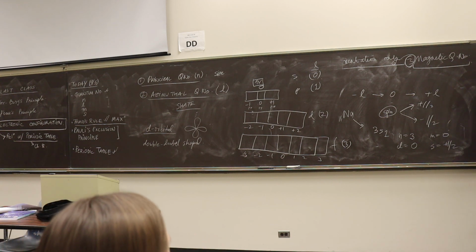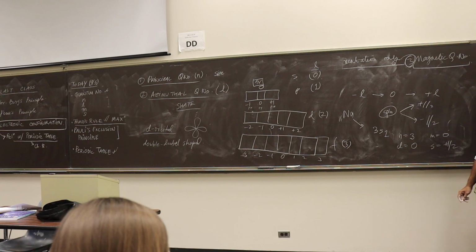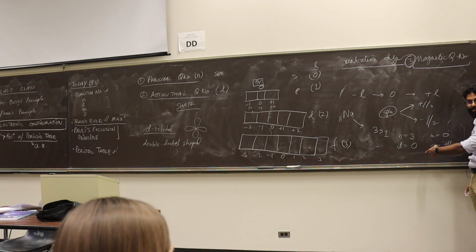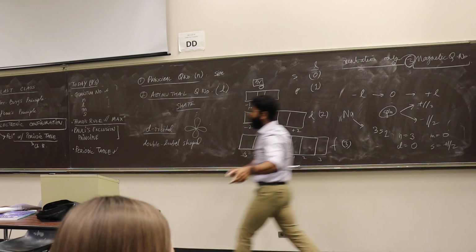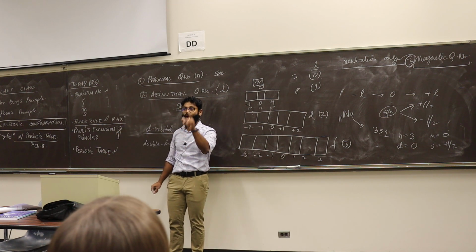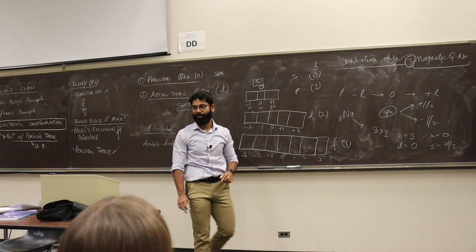So for every electron, for any electronic configuration that you do, you can have 4 quantum numbers associated with that electron. And no 2 electrons will have same set of 4 quantum numbers, and that is called Pauli's exclusion principle.